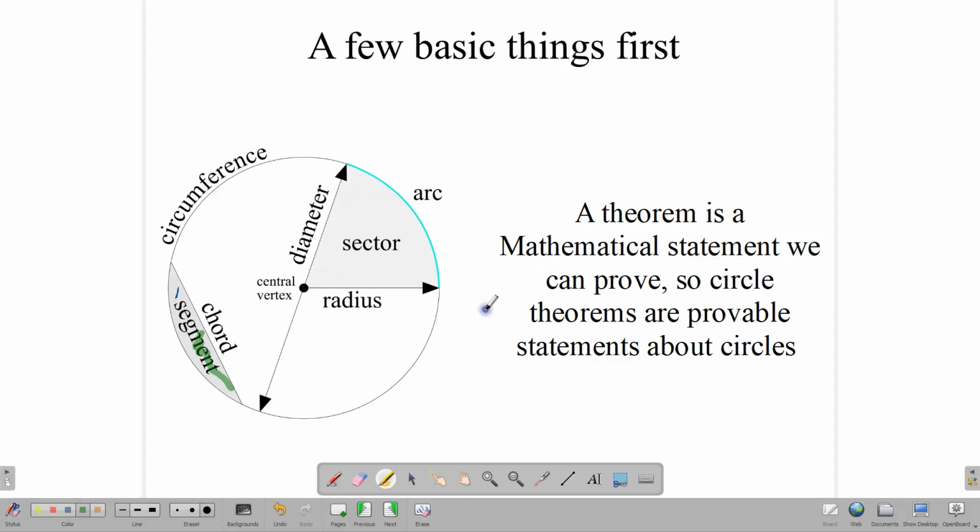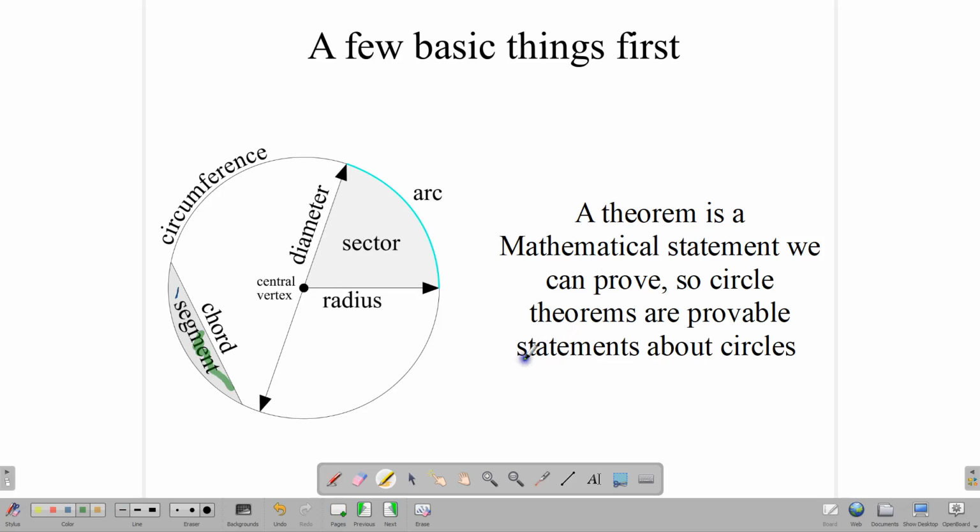So what on earth is a theorem? A theorem is a mathematical statement that we can prove. So you might think of Pythagoras' theorem. Other theorems exist. Anything in mathematics that you can prove, we tend to call it a theorem. And so circle theorems are those provable statements about circles.